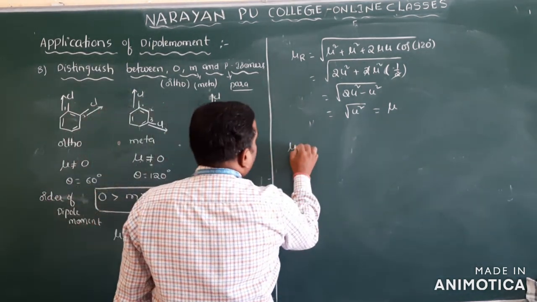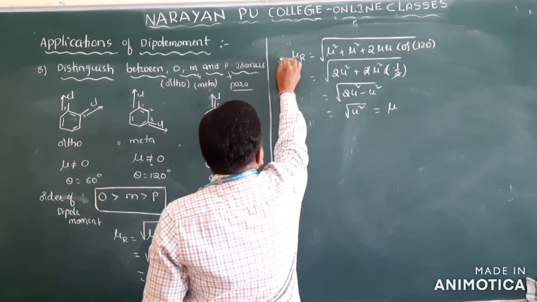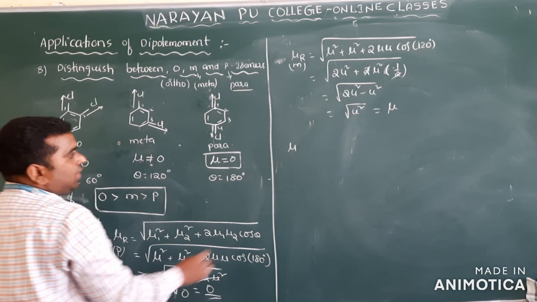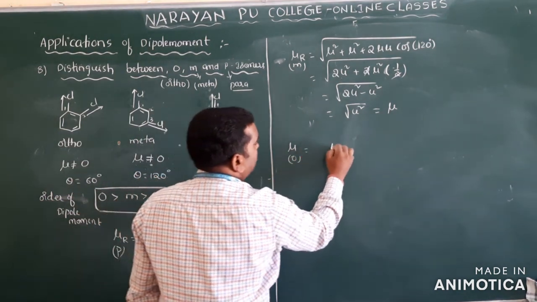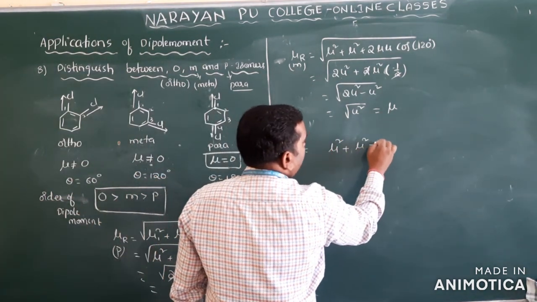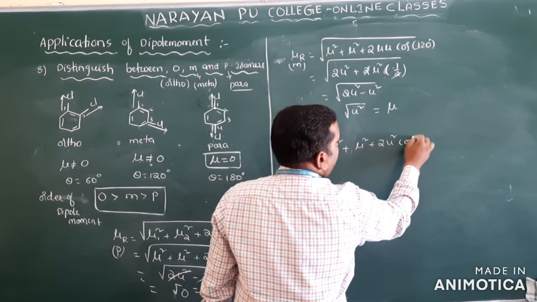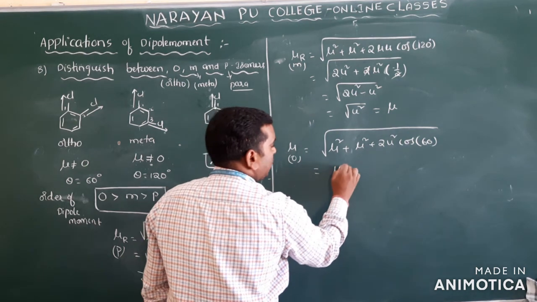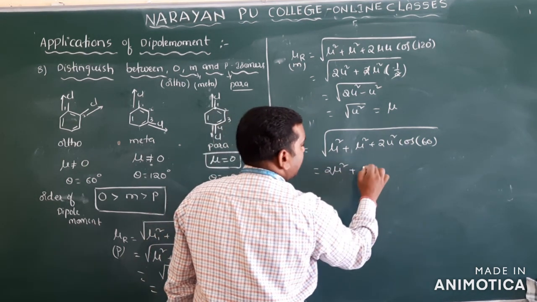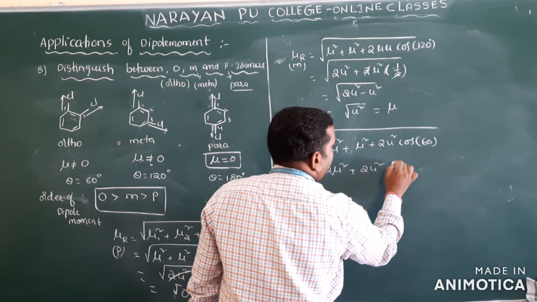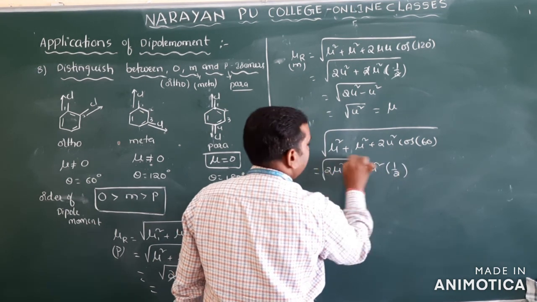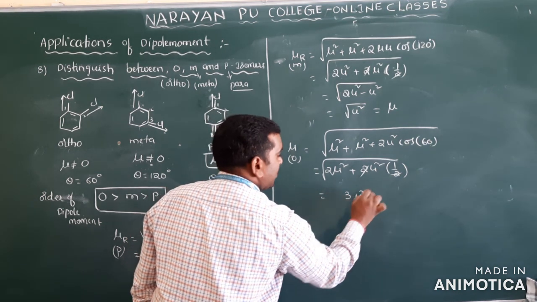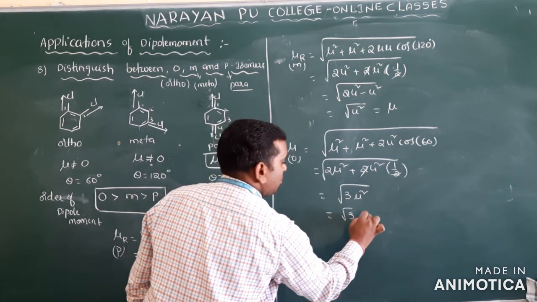Clear? Now this is the dipole moment for meta, and this is the dipole moment for para. Now I will consider ortho. Ortho means the same mu square, and 2 mu square cos 60. What is cos 60? 1 by 2. So we get 2 mu square plus mu square, 3 mu square. So it is root 3 into mu.